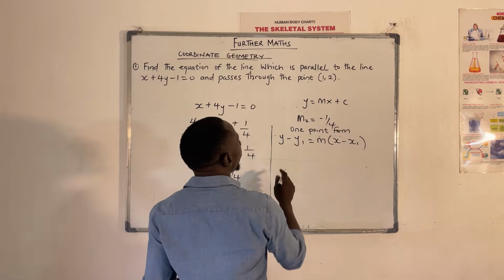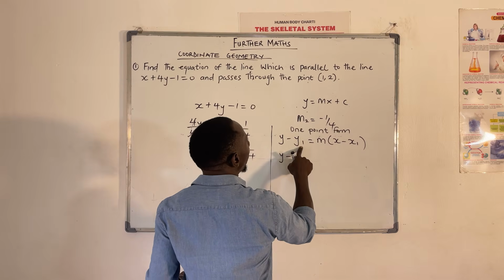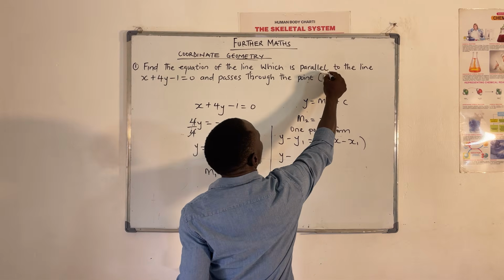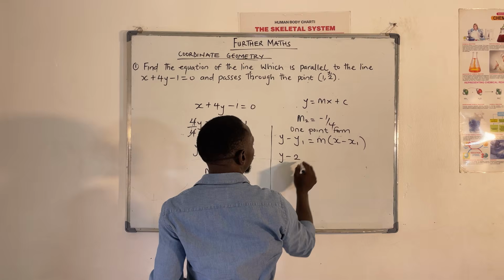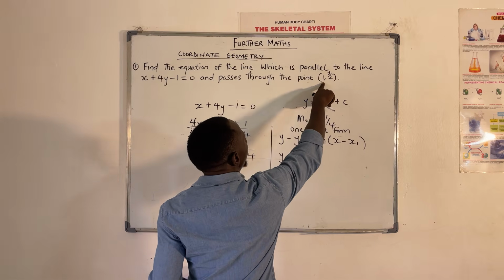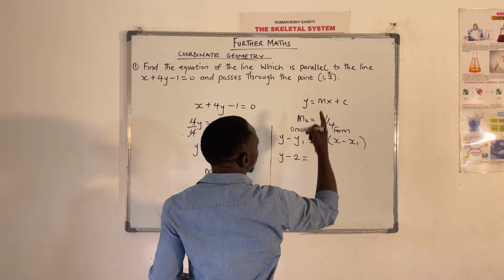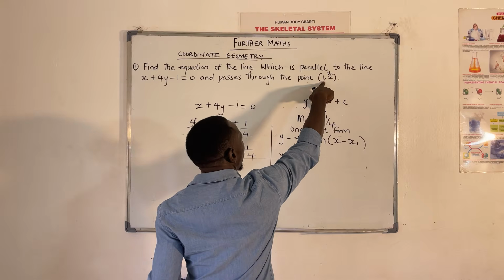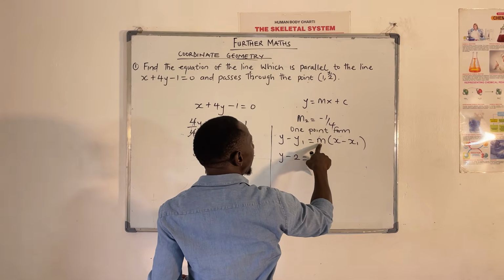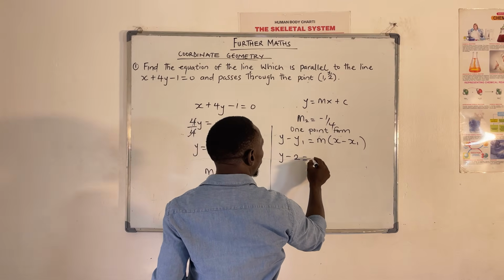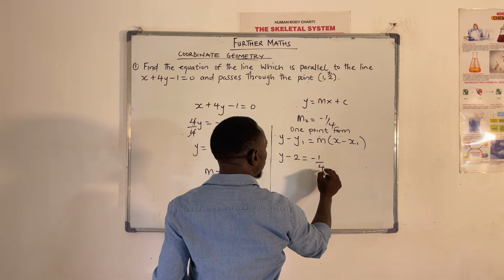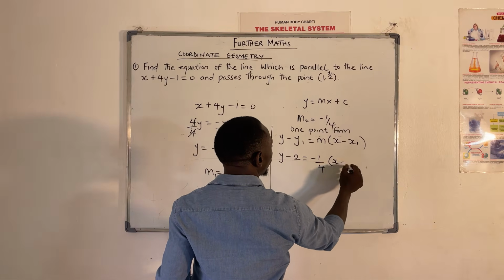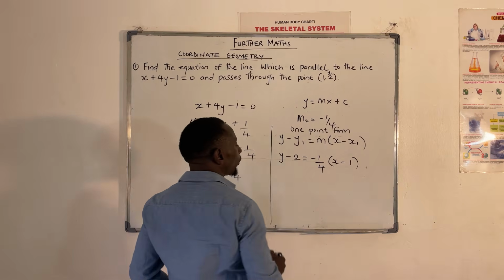So here, I have y minus y1, where y1 is 2. I'll substitute x1, which is 1, and my m, which is the gradient, is minus 1 over 4. So I have minus 1 over 4, open bracket x minus 1, close bracket.